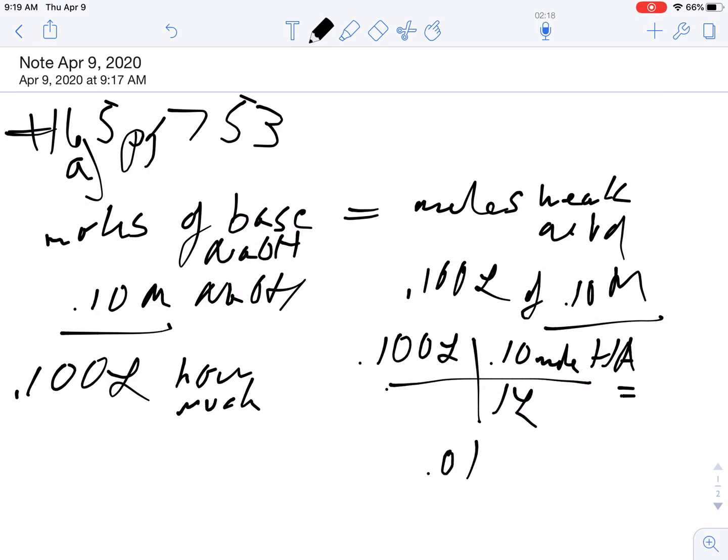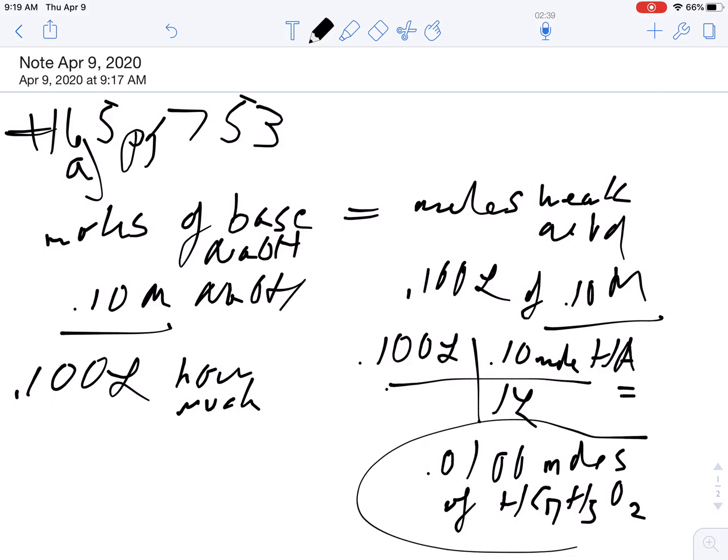I've got 0.0100 moles of my weak acid, in this case heptanoic acid. But we can skip this step, since the concentrations are the same, so the volumes have to be the same in order for them to cancel out.